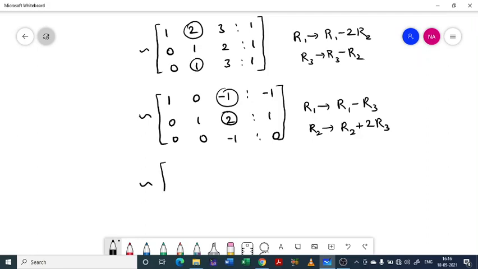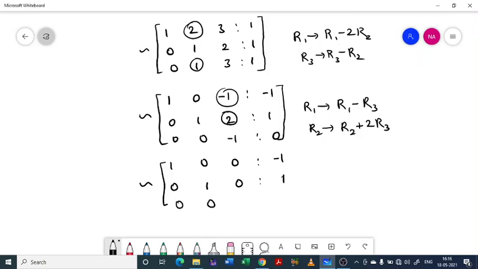This will be equivalent to 1, 0, 0, minus 1, then 0, 1, 0, and 2 minus 2, 0, so R2 gives the same thing.